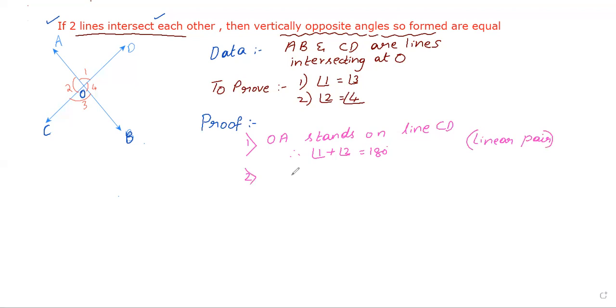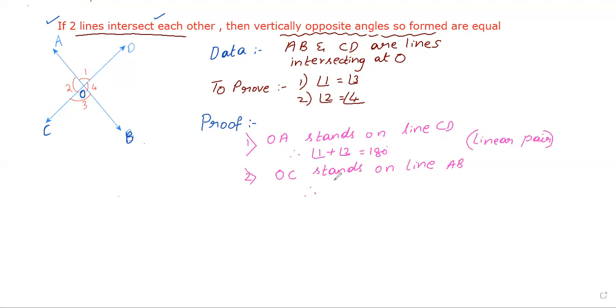Let me consider another ray, that is OC. This OC stands on your line. Which is that line that you're having? AB. So this is the OC line, and it is standing on your line AB.